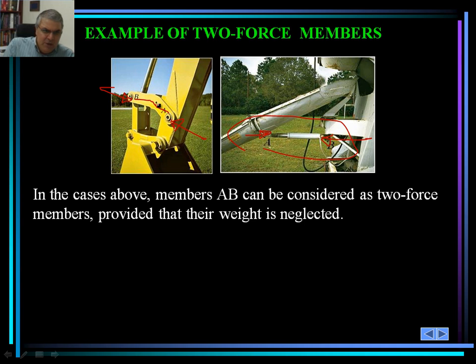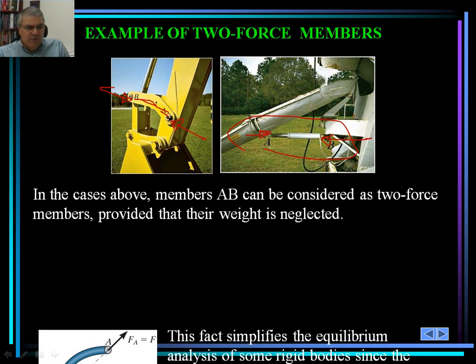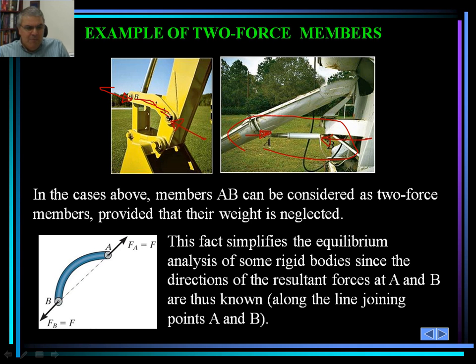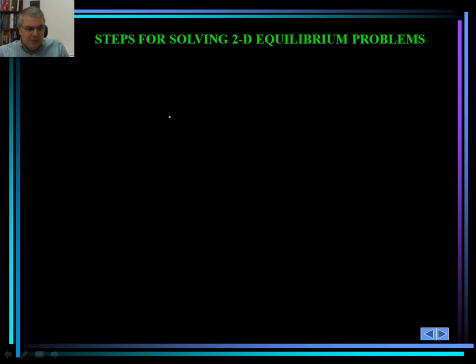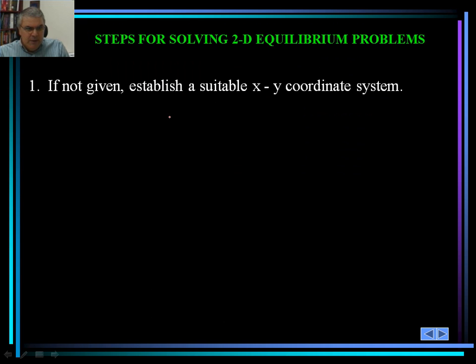Although there's a connection in between, because the line of action of these forces go through the same line, that would satisfy the criteria of a two-force member. Again, it's going to simplify our calculations substantially, as you would shortly see.